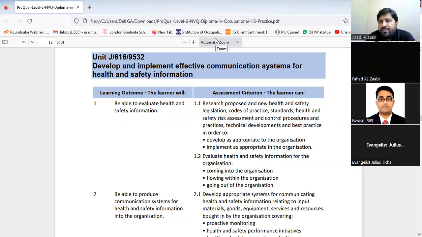And the evidence you can provide are IOSH magazines, email, legislation, or you can say simply that any source of information from legislation with respect to occupational health and safety can be added here and can be used as evidence.